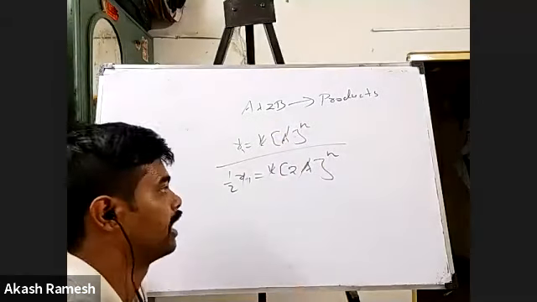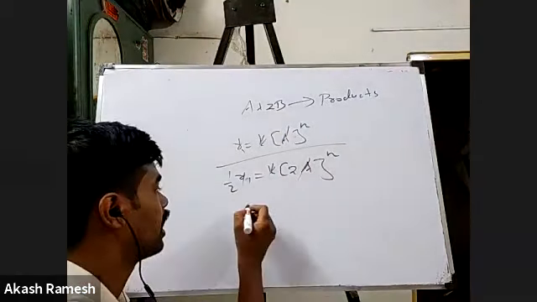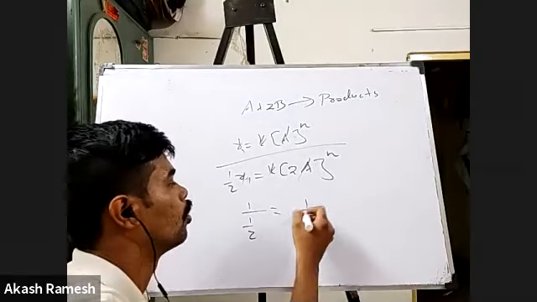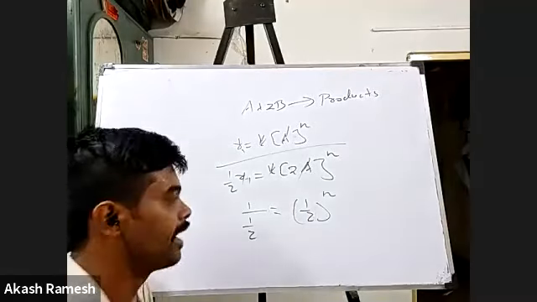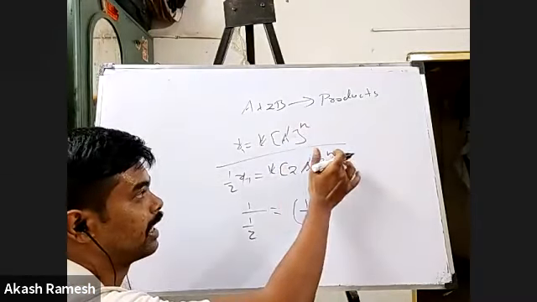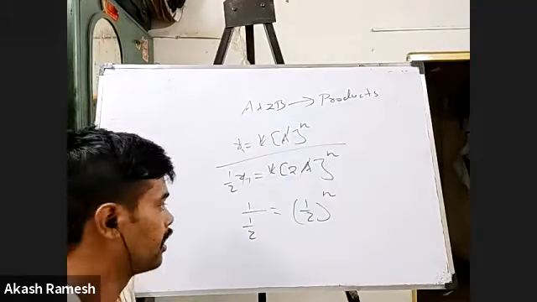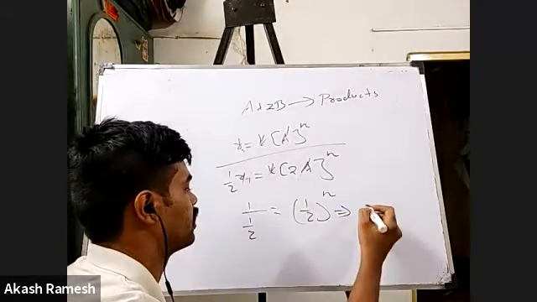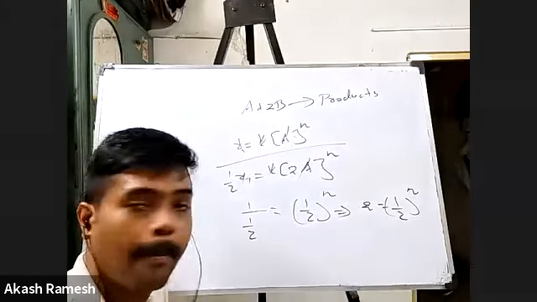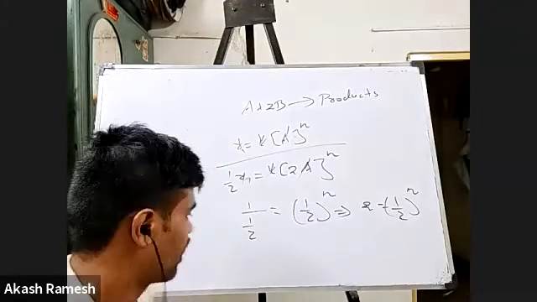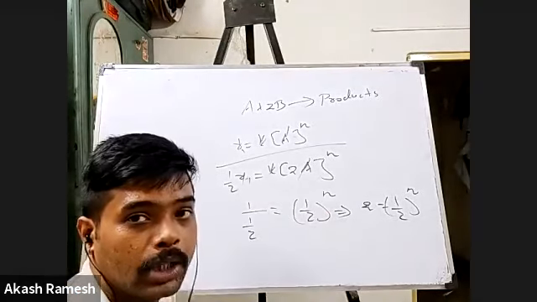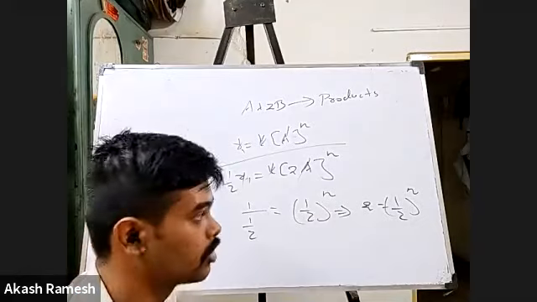Only n will be there. So I write it as 1 by 1 by 2 is equal to 1 by 2 the whole power n, right? Now this I can write as 2 is equal to 1 by 2 power n. So what should be the n value here?